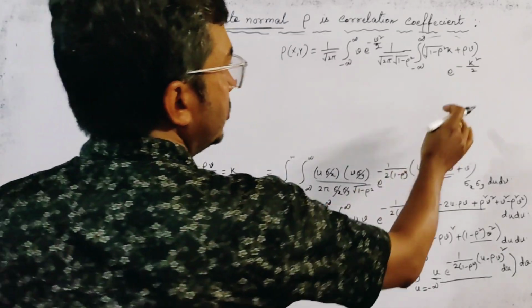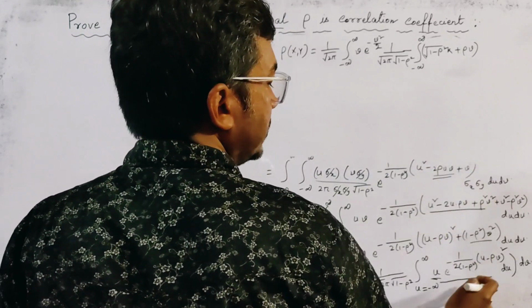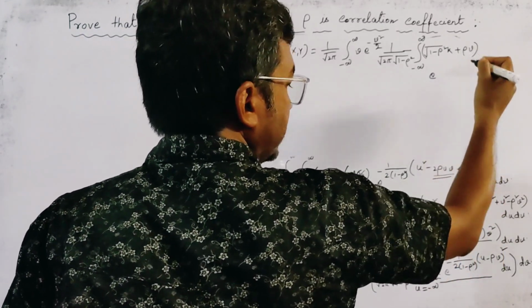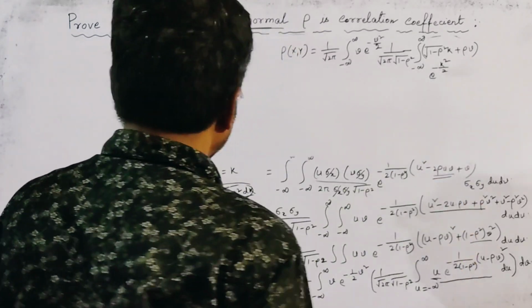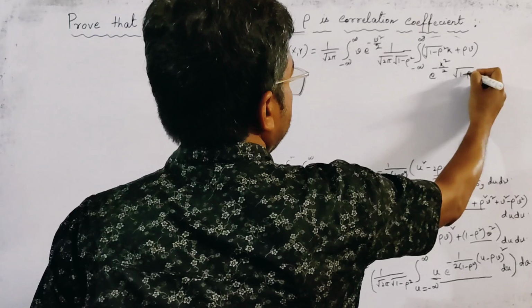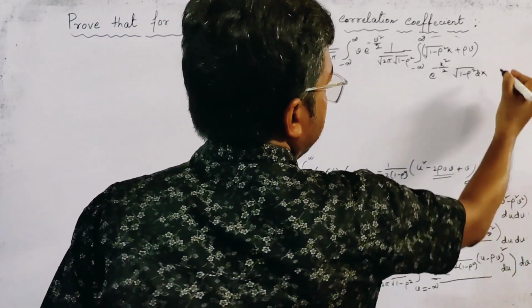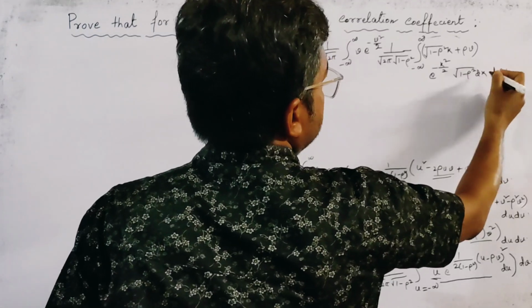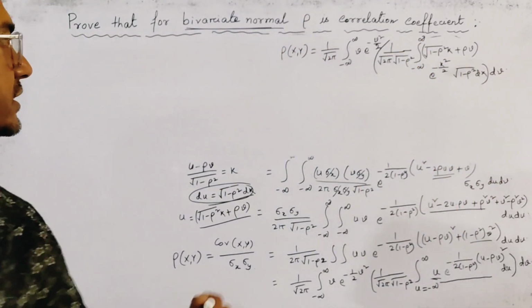Okay, so we first write e to the power minus k square by 2, and the value of du, this is root 1 minus rho square into dk, and dv is here. Okay, this is one integration, right?